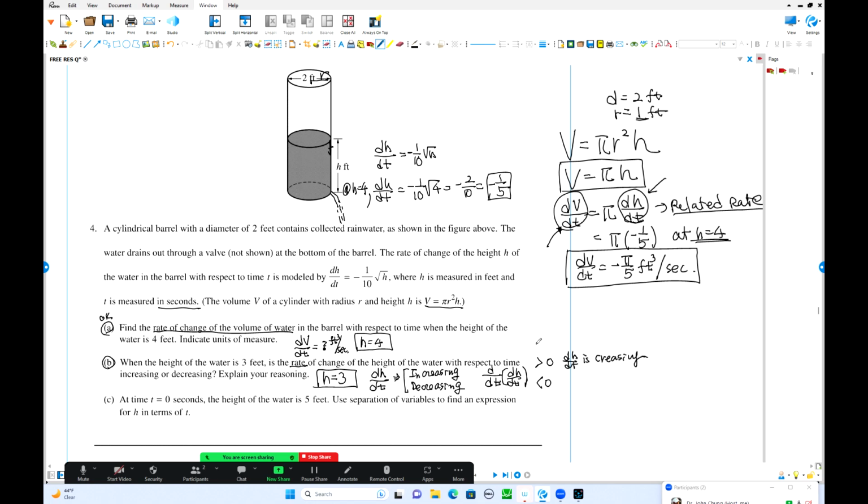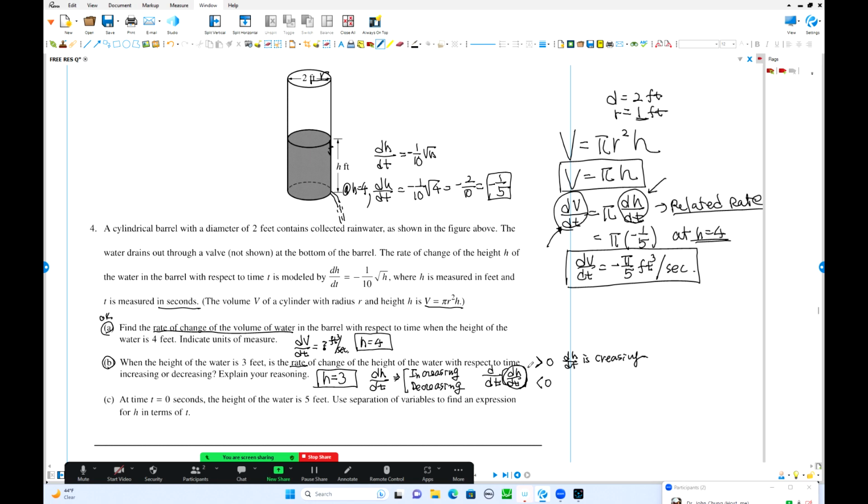We're not talking about concavity, right? Actually, for h, positive means concave up at this time, h equals 3. But to check increase or decrease, we always take a derivative again. We're checking this original dh/dt, so we need the second derivative.